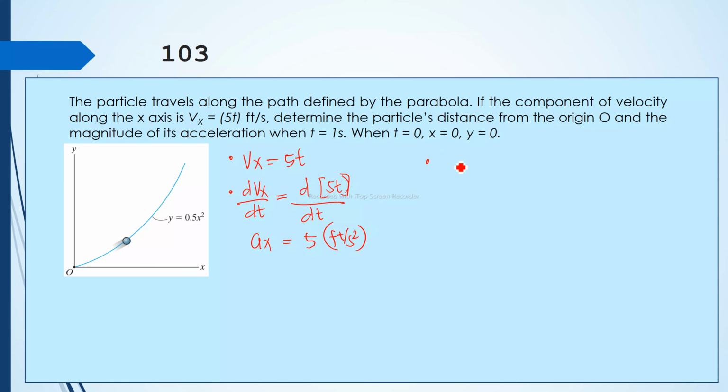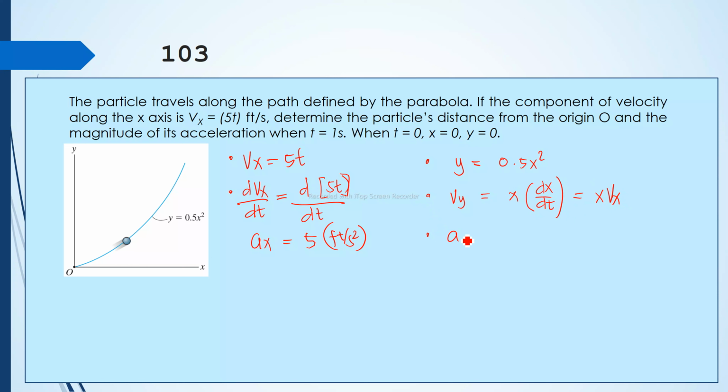How about the ay? We have our y equal to 0.5 x squared. Our vy is equal to x times dx over dt, or x vx.